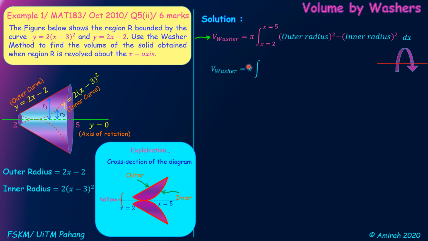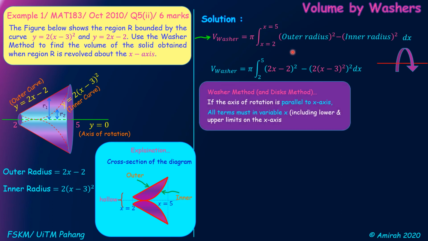Then volume by washer equals pi times the integral from 2 to 5 of outer radius, 2x minus 2 squared, minus inner radius, 2 times (x minus 3) squared. From the given formula, we need the squared outside here.